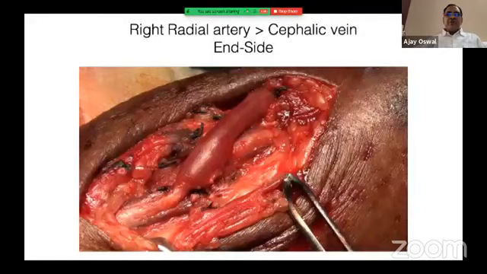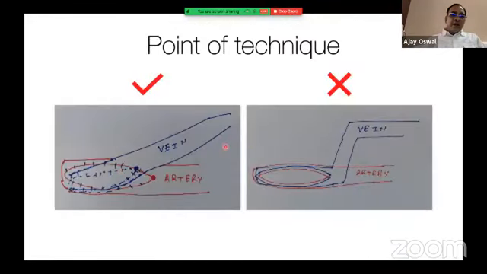I wish to share a few points of technique with all of you. The vein should come to the artery straight without any twist or turn like this. Oblong lie on the arteriotomy of the venotomy. It should not be a zigzag course.